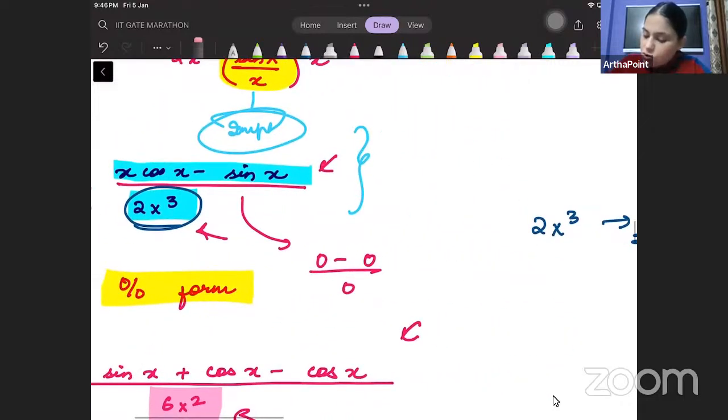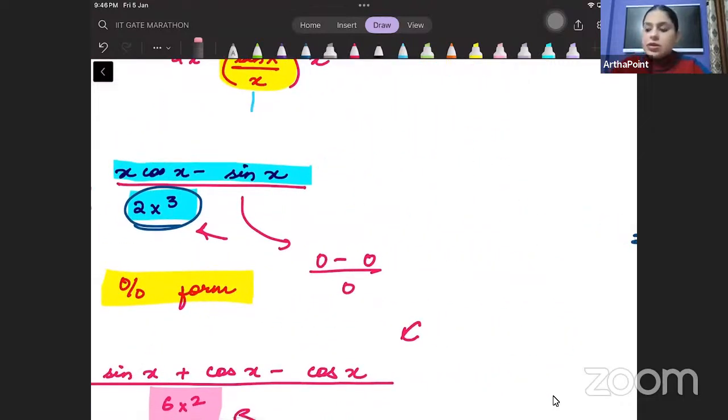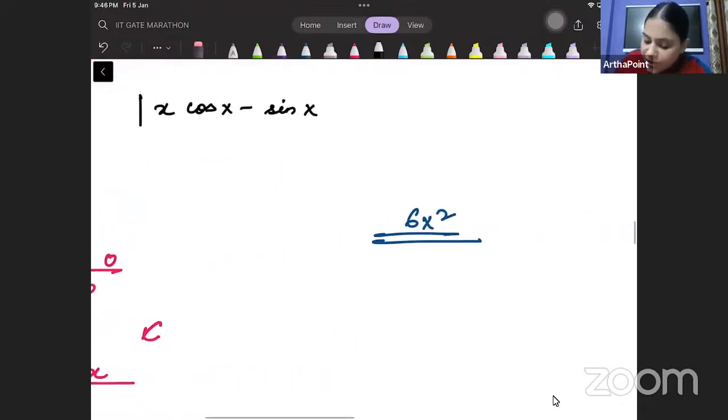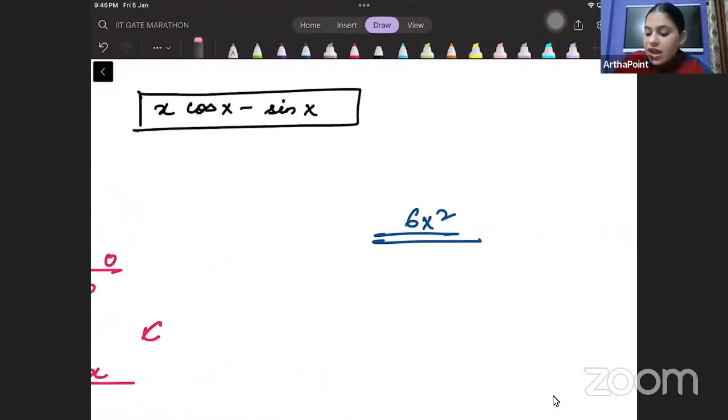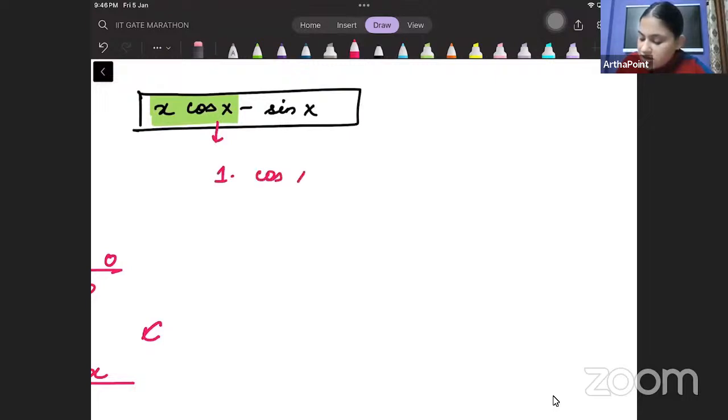And now just look into the numerator. Your numerator is x cos x minus sine x. If I have to differentiate the numerator, I will have to use the product rule here. So what will I get? Differentiation of first function, second as it is, plus first function as it is, differentiation of second function, minus cos x.